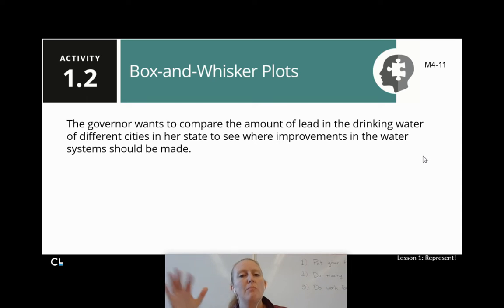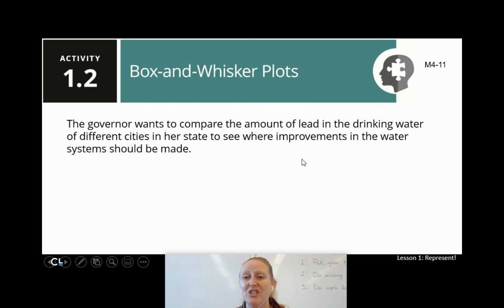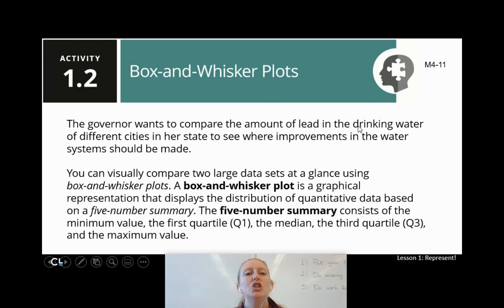But we're now going to compare that to other cities to see if there's a trend or if there's areas of the state that we should be taking a closer look at, right? And what's going on in those places that have such high lead levels. So you can visually compare two large data sets just at a glance using box and whisker plots.